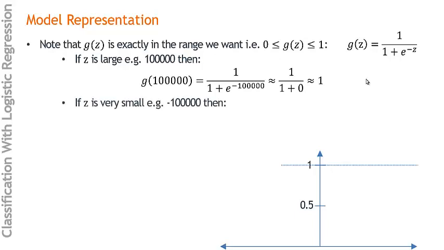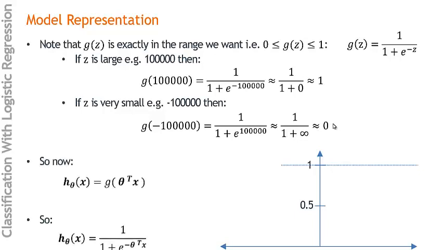On the other hand, if z is very large negative, say minus 100,000, then g is 1 over 1 plus e to the 100,000. e to the 100,000 is an enormous number, so you basically get 1 over an enormous number, which is 0. Right? So you have these expressions, and you can see that this functional form should have this shape. Now, if z is 0, you get 1 over 1 plus 1, which is 1/2, which is 0.5.